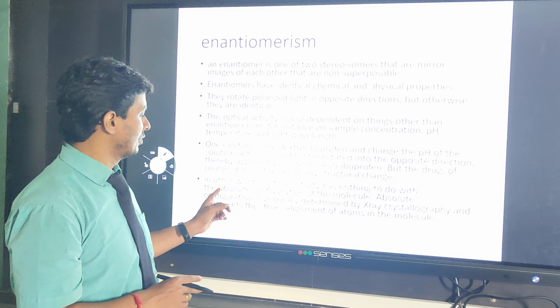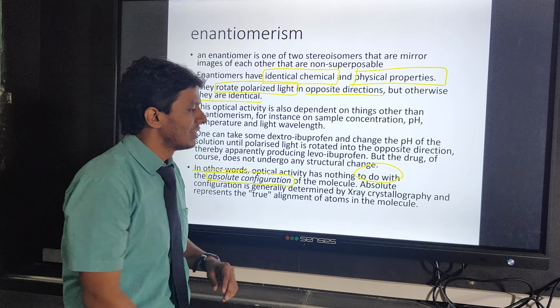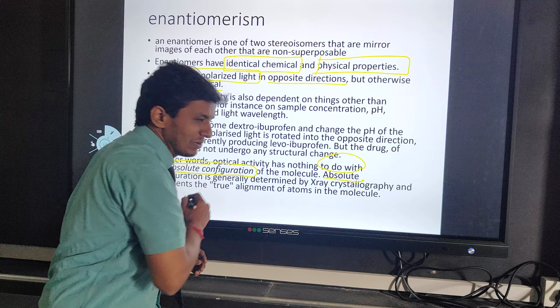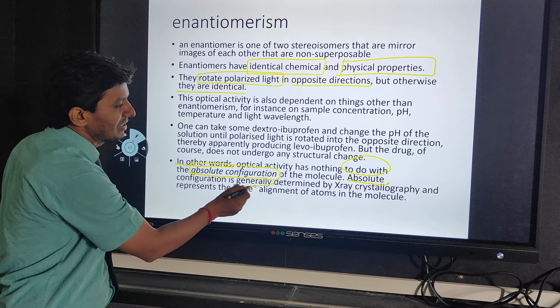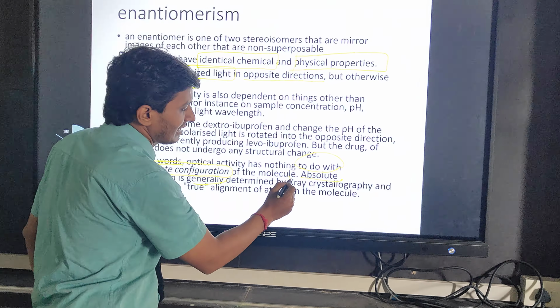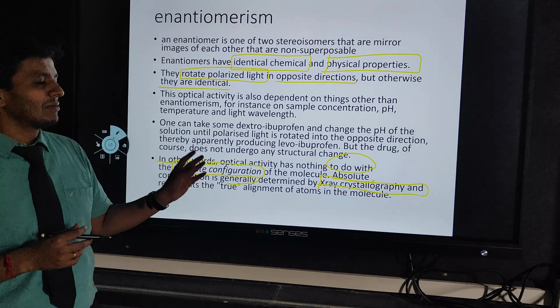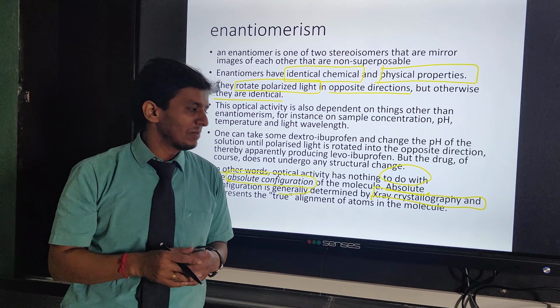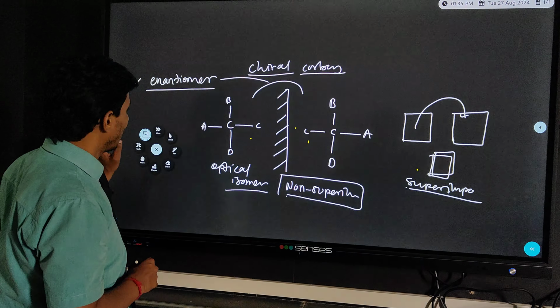It has nothing to do with the absolute conformation of the molecule. And what is this absolute conformation then? The absolute conformation is generally determined by X-ray crystallography. It presents the true alignment of atoms in a molecule. We will study that too.